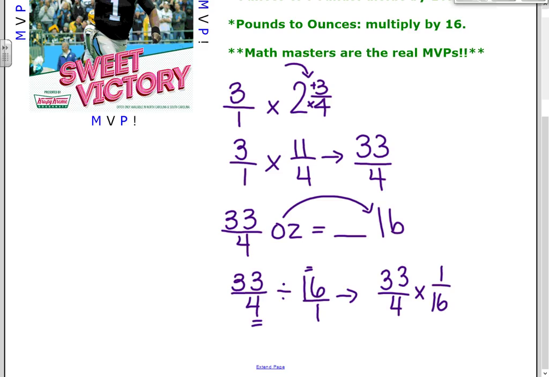No, you can't do that until you change it to multiplication. I can't cancel anything, so I'm just going to multiply across, and I have 33/64. That is my final answer. I can't rewrite it as a mixed number, and it cannot be reduced, and our label is pounds. Okay? Questions? If you have questions, just stop the video and come ask me. All right.